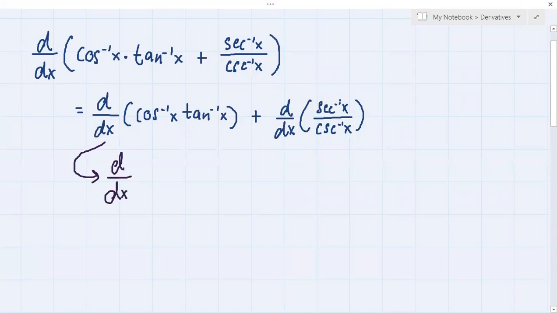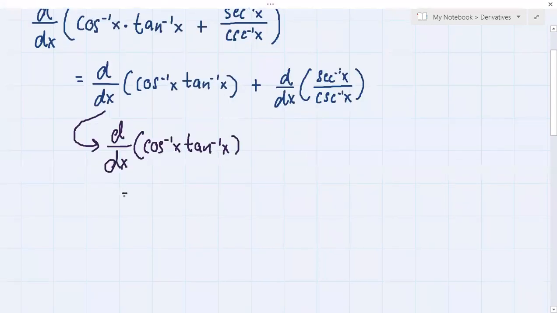Isolve ko siya dito. Let's try to solve the terms slowly. Slowly but surely. Okay. So, kunin natin derivative nila. So, I will let U be arc cosine and I will let V be arctangent.